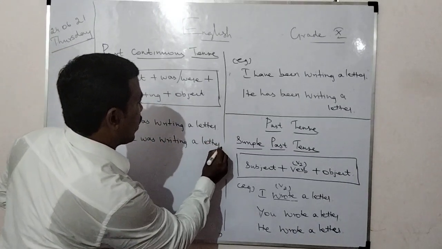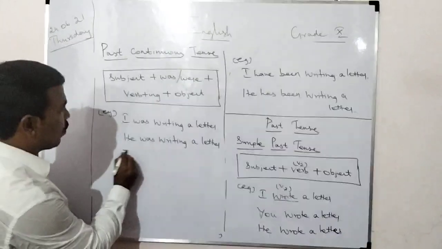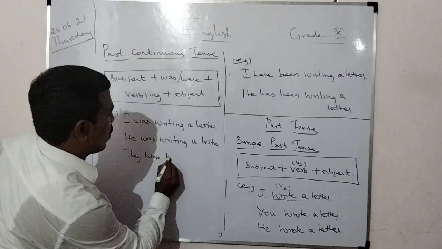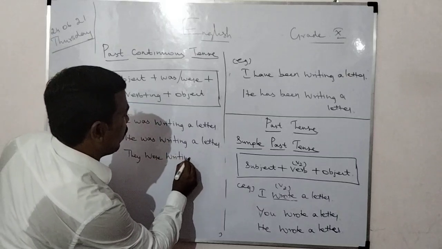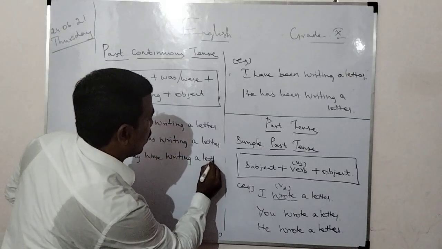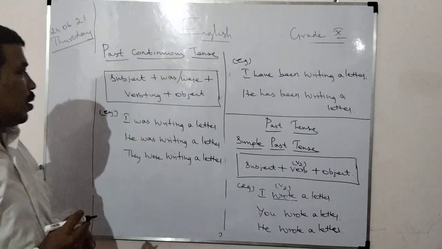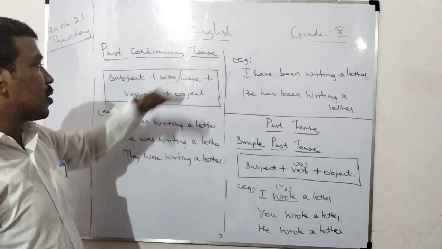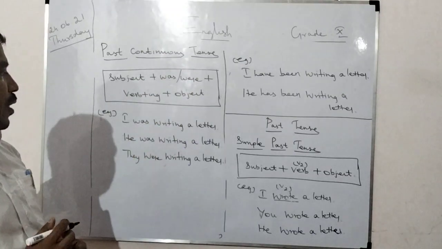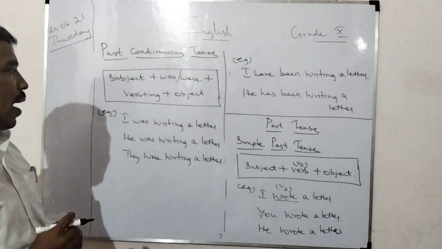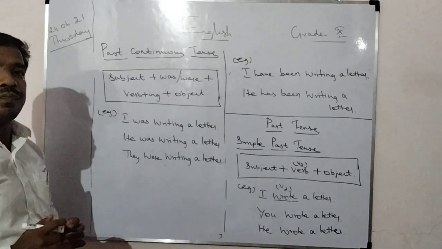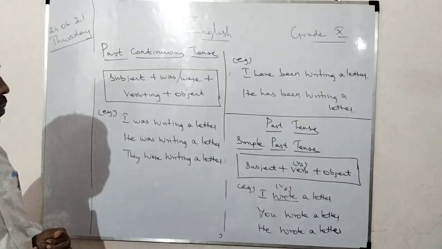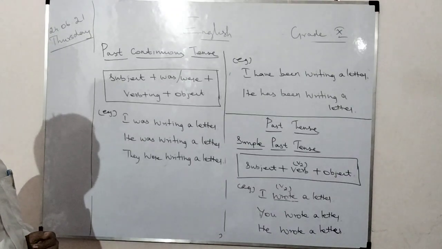Then for plural we should use they were writing a letter. Past continuous tense: subject, was or were, plus verb plus ing plus object. I was writing a letter. He was writing a letter. They were writing a letter. Write fast.